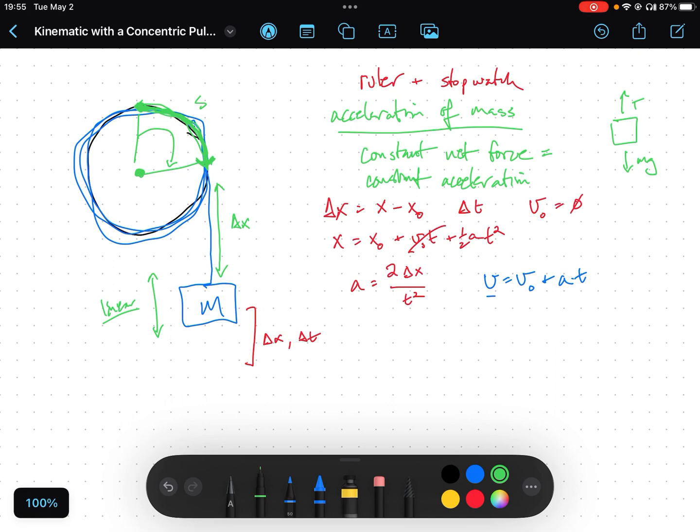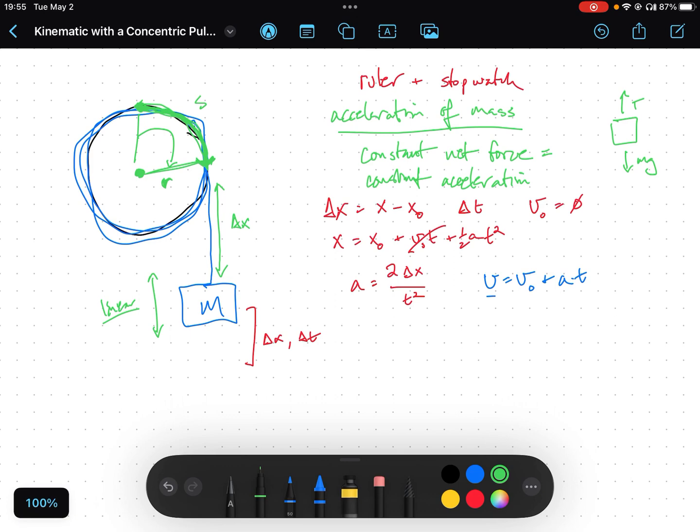In other words, even though the mass is moving in a straight line, not in a curved path, its motion is mathematically going to be equivalent to the motion of a point on the edge of the pulley where the string is attached, which means we can figure out all the relevant angular quantities simply by knowing the distance between the center of rotation and where the string is attached.